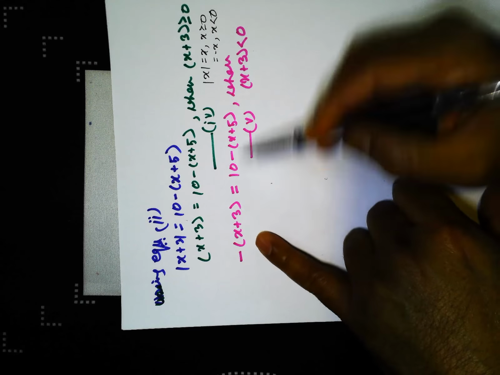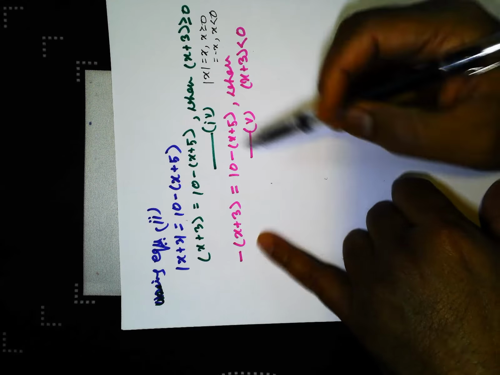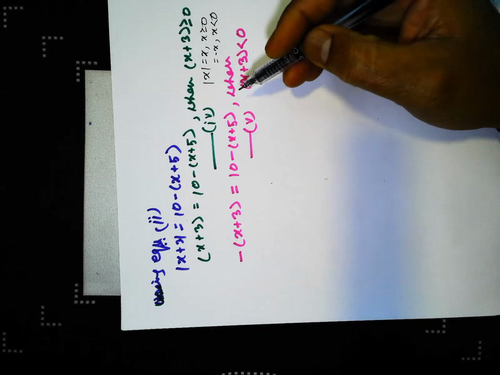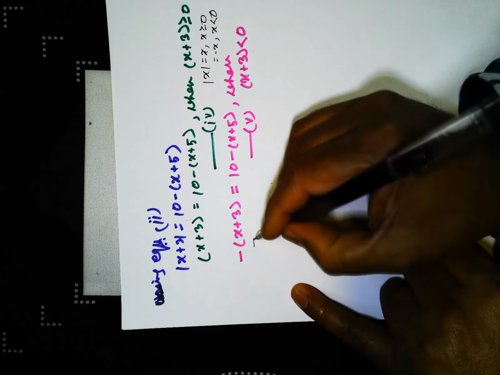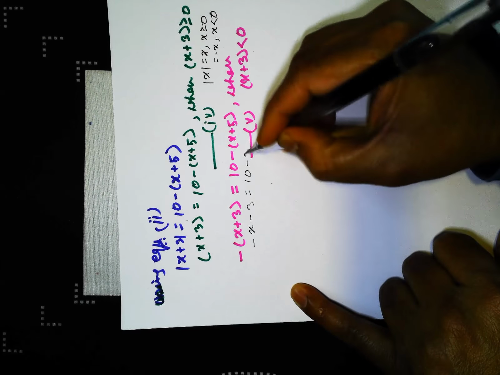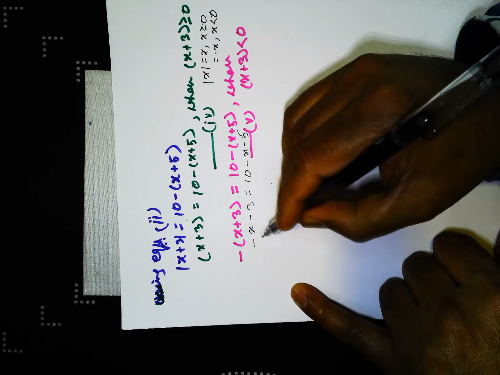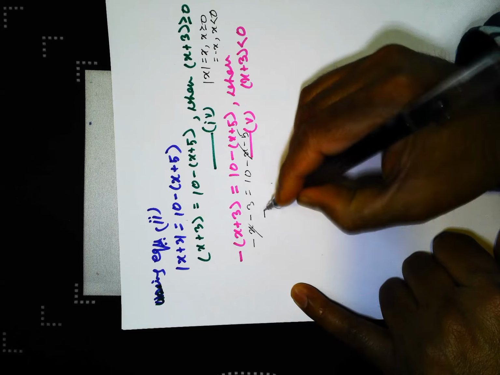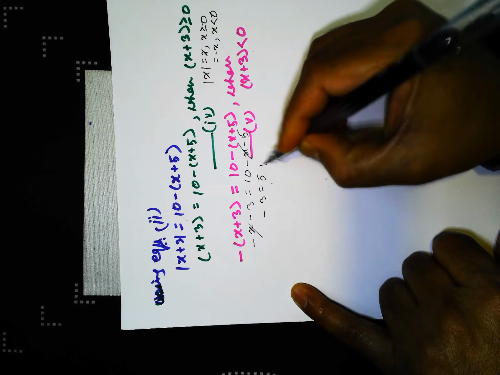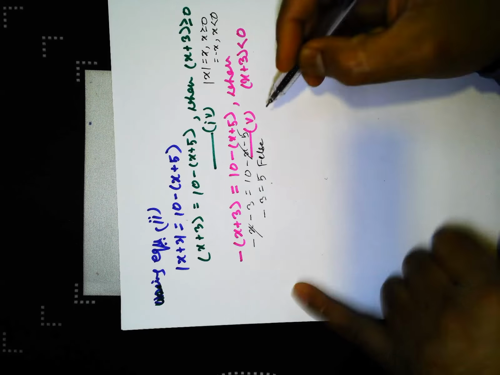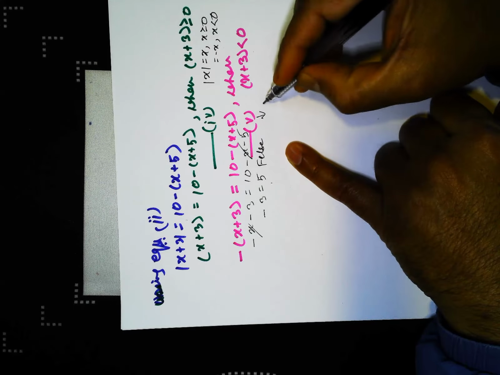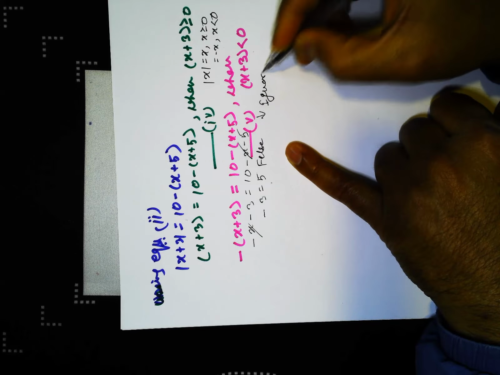So from both sides there is the same sign, they will cancel each other and you are left with only an identity, and that doesn't give you the value of x. You can see it like this also, minus x minus 3 equals to 10, minus x minus 5, because these two are the same sign, minus minus cancel, and you are left with minus 3 equals to 10 minus 5 is 5, which is not true, that is false. So this equation is not going to be used, so it is ignored. You can ignore it.